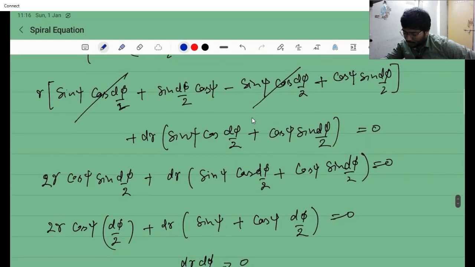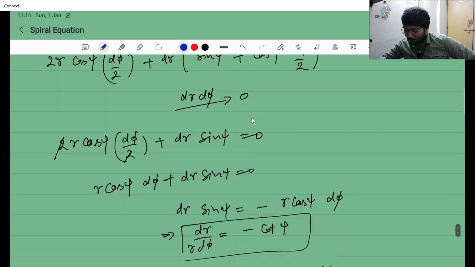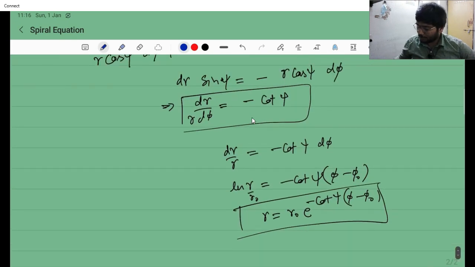And since this is a double differential, I just keep only the first differential terms like dr d phi, not terms like d phi square or dr square. We have neglected those, taking the limit tending to 0, because they are very small. In that case we derived this equation. This is the equation of the spiral.